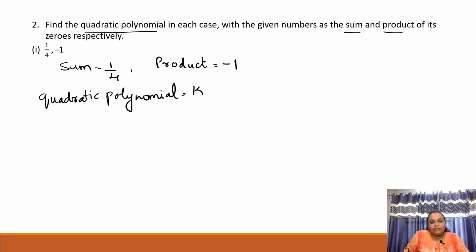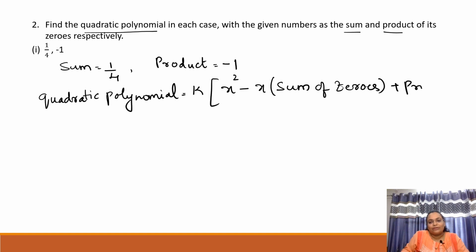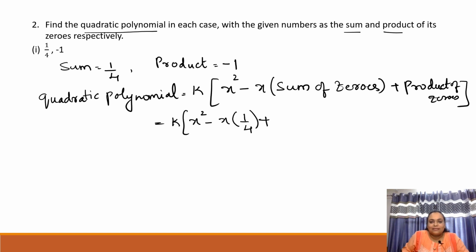What is the formula? K of x square minus x of sum of zeros plus product of zeros, that is k of x square minus x of, what is sum of zeros? Sum of zeros is 1 by 4, plus product of zeros is minus 1.